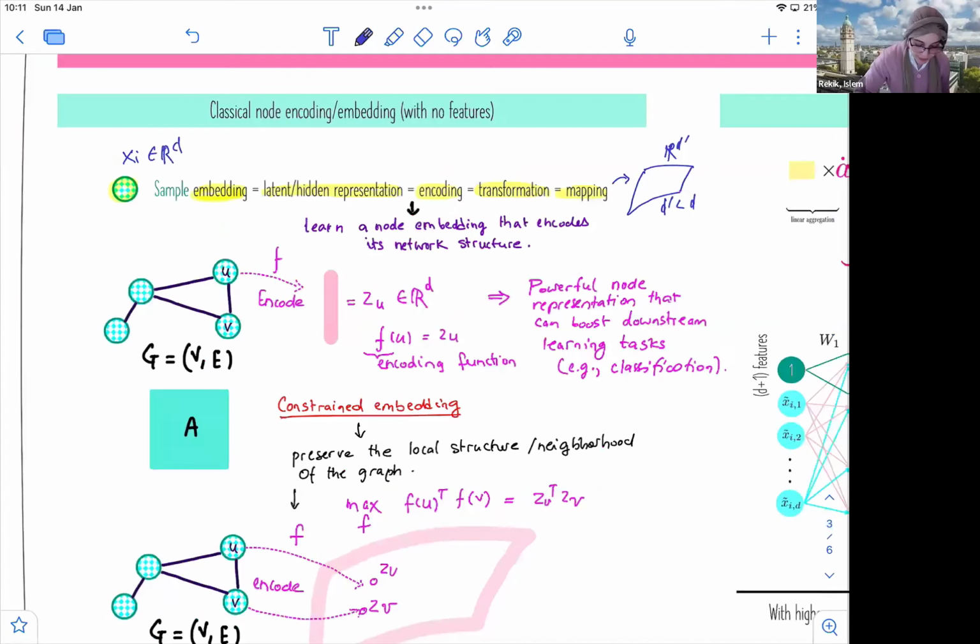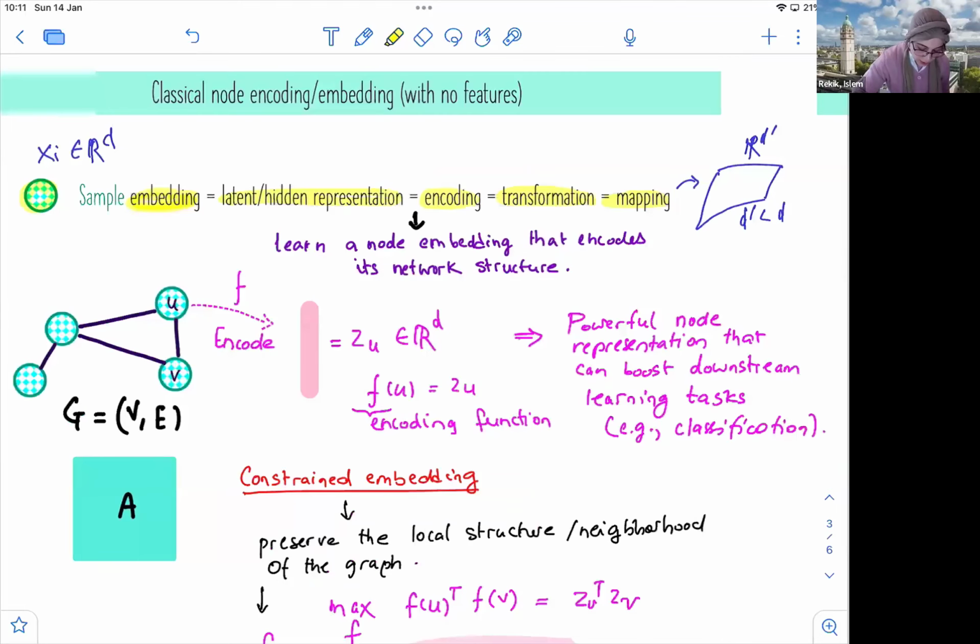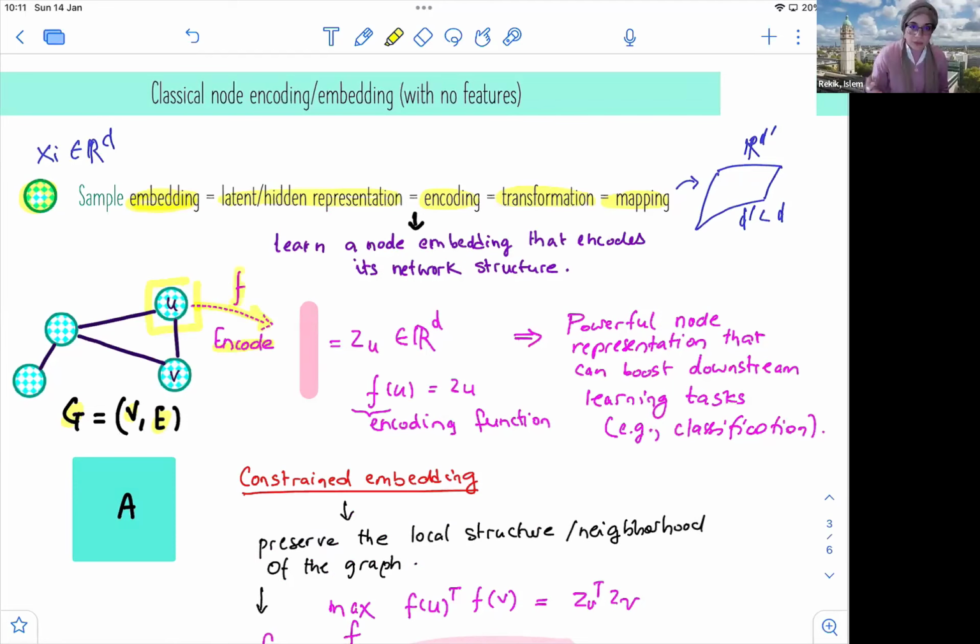So for a graph in this case, given a graph G with nodes V and edges E, we want to encode a single node. So let's say our goal is to encode this node, to learn how to represent it by learning the f mapping. So this is quite similar to manifold learning. So we're learning how to embed features, okay?